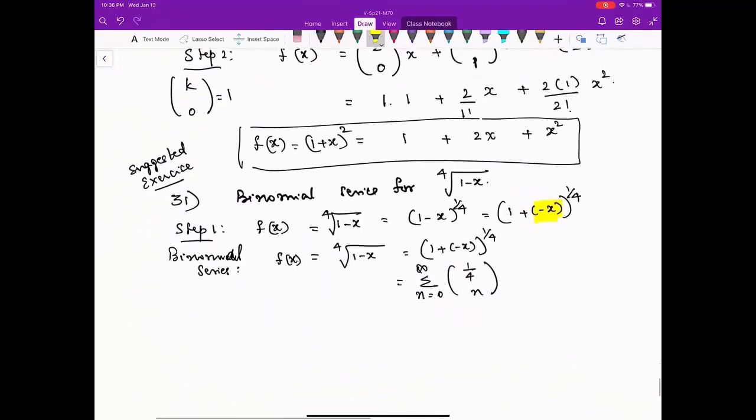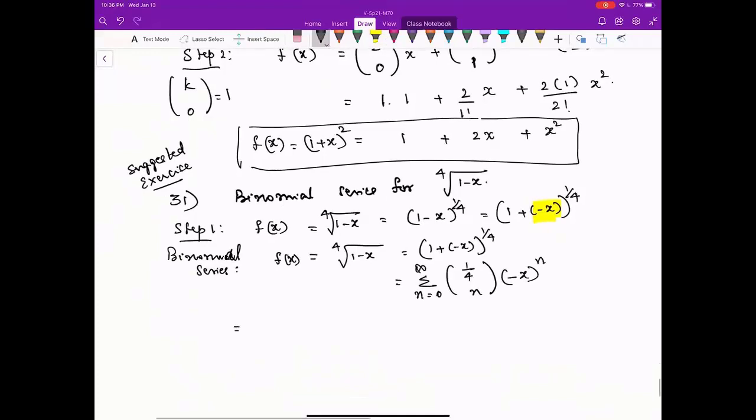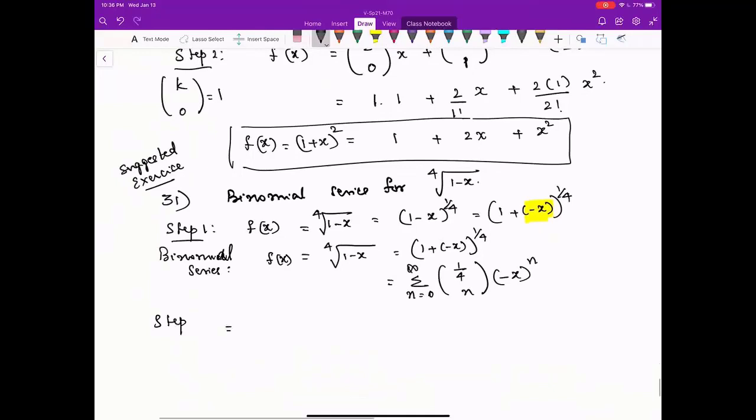Here we have negative x. So we are going to replace that with negative x to the power n. So we are going to expand in the next step.